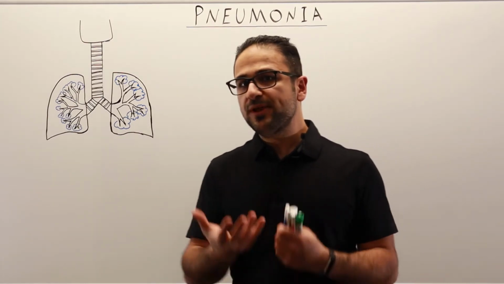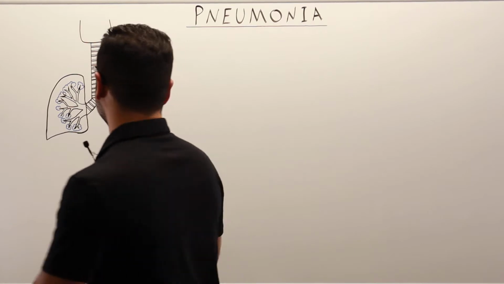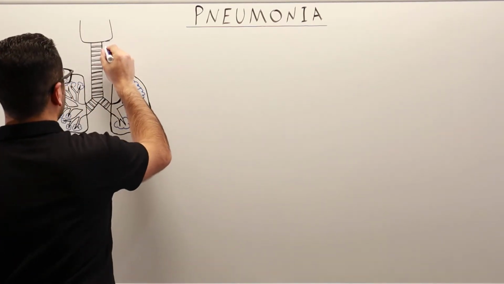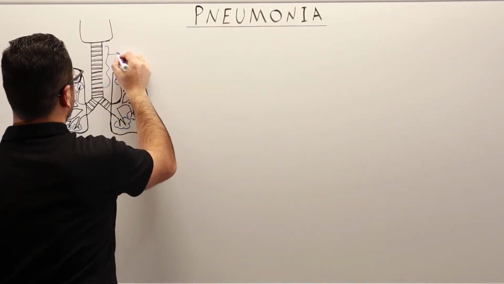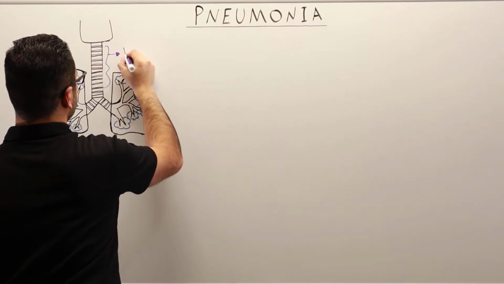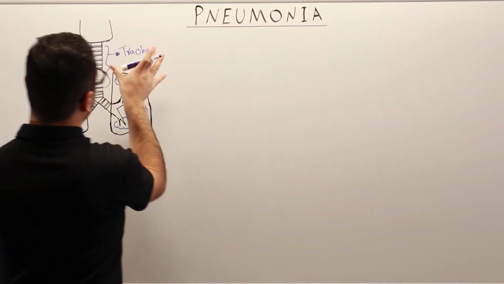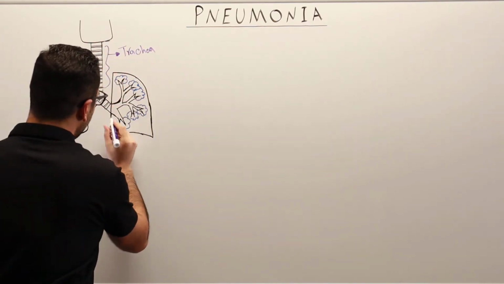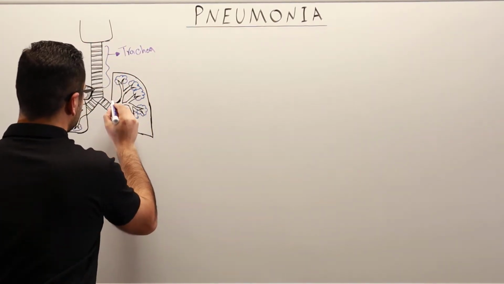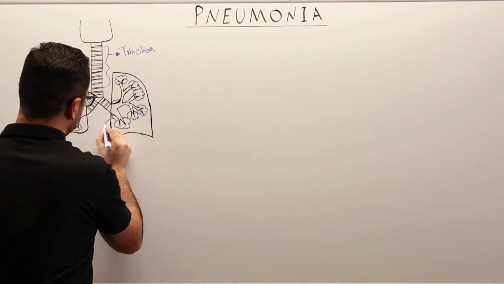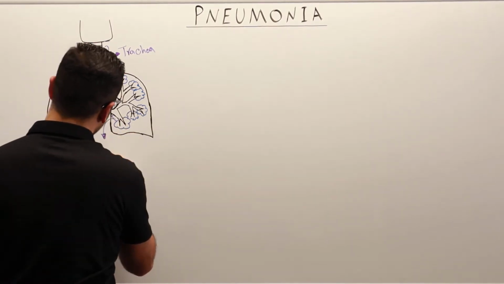So when we breathe air, it moves to the trachea, which is this part over here. So this is the trachea. And then from the trachea it moves into the bronchi. So it's these tubes over here. So this is the bronchi.